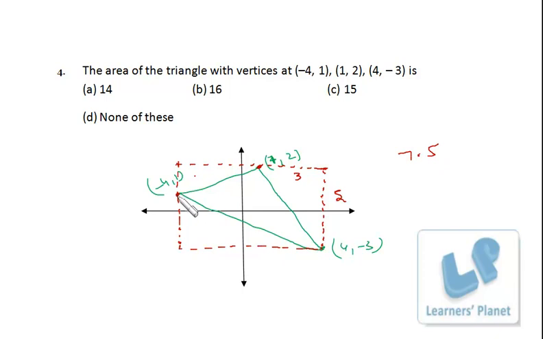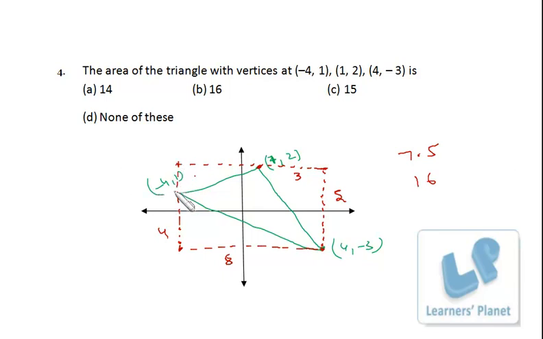Similarly this length, that is 1 and then 3, so that is 4, and from this point to this point the total length is 1 this side, 4 this side, and 4 this side, it is 9. Half of 4 into 8, that is 16.